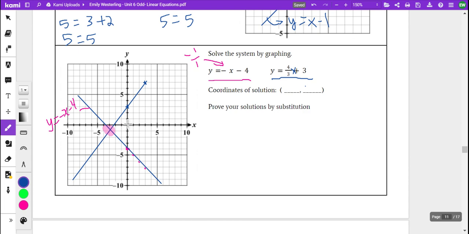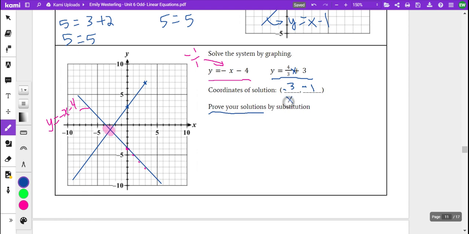So I'm going to start at 0. I'm going to get my x coordinate. So it looks like I go -3 for my x coordinate. And then from there, I go down 1, which would give me a -1. All right, I'm going to plug those in here. I'm going to prove my solutions.